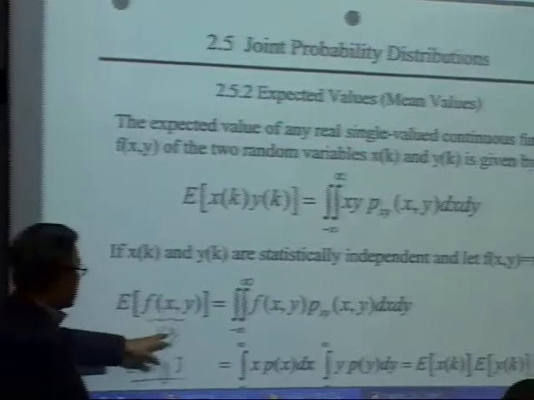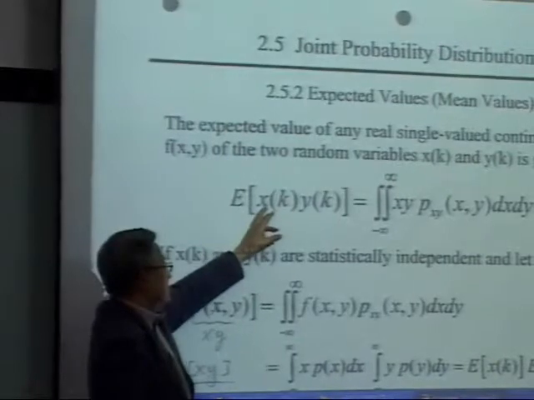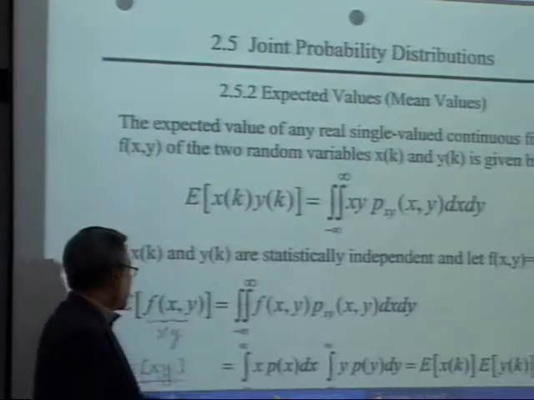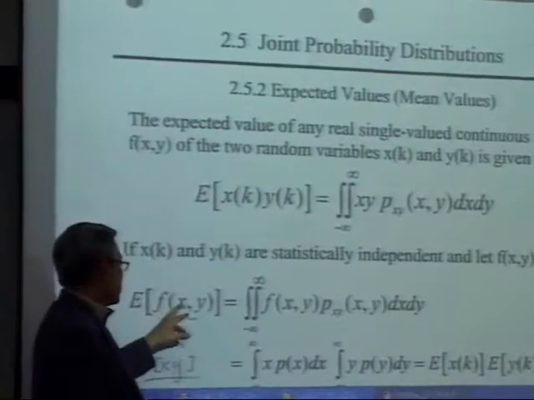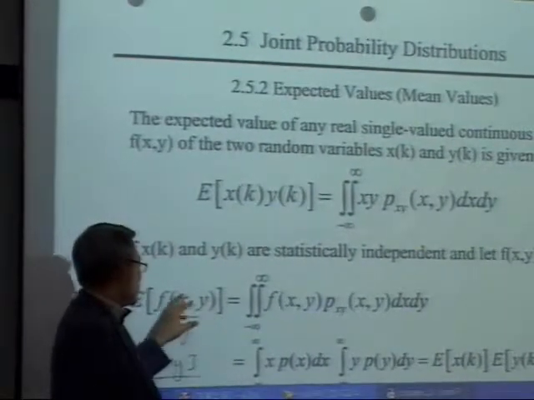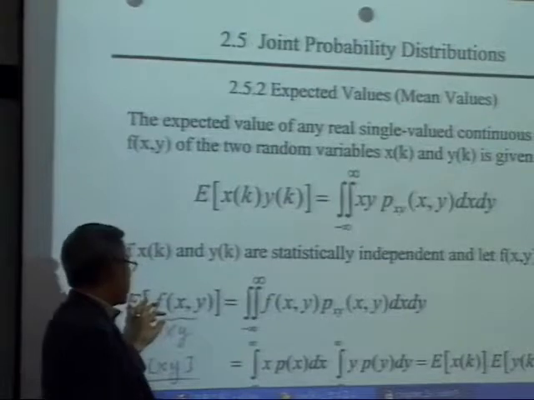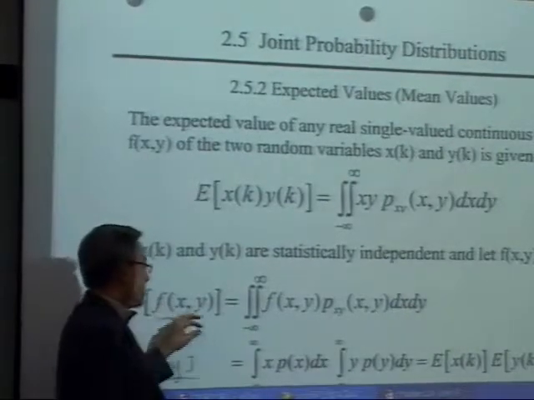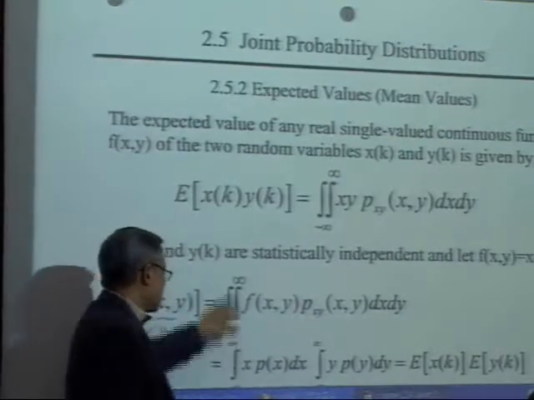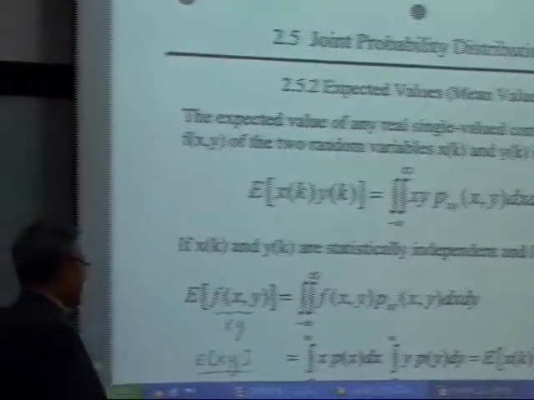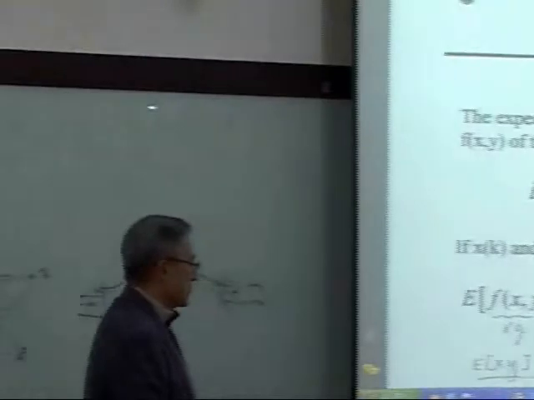The case here is just a function xy. This case is a function of x and y. If this is the one you are looking for the mean value, then this multiplied by that, then you have to integrate in the x and y domain. Okay?